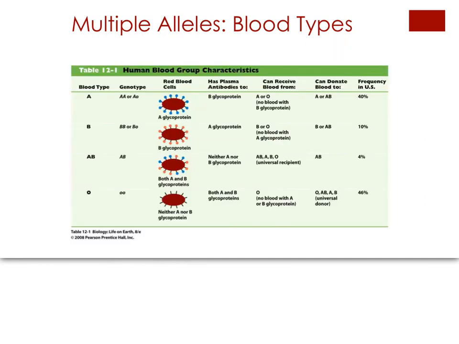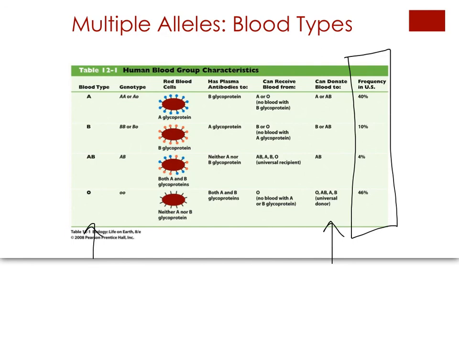And again, this is just summarizing those different ideas and multiple alleles and blood types. It then also describes who different blood types can donate to. And then finally, what you might find interesting is that it talks about the frequency of these different blood types in the population.